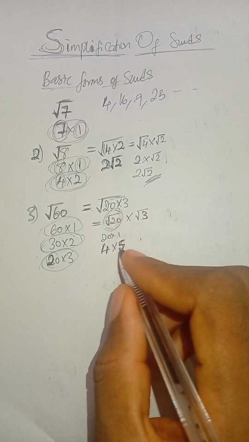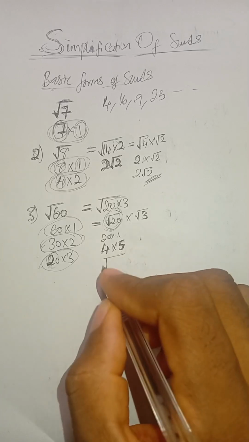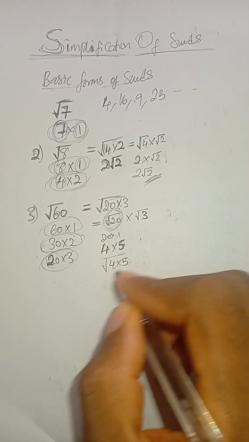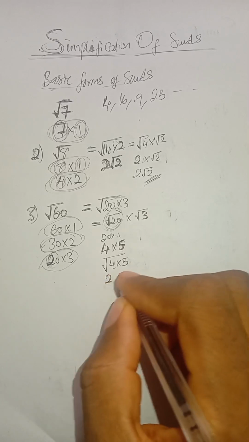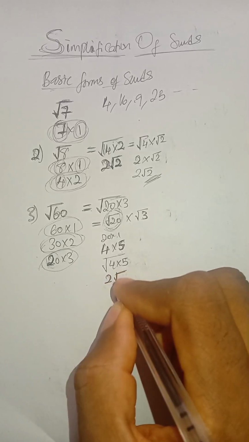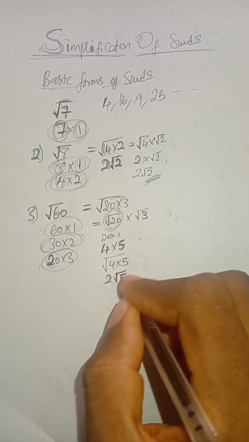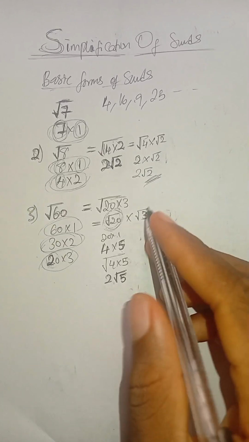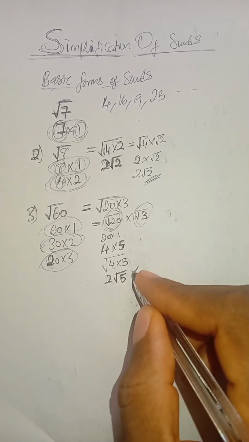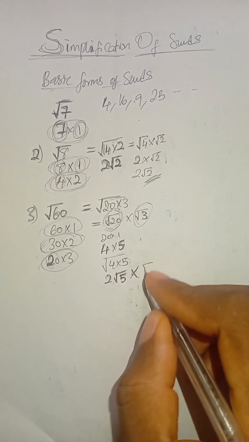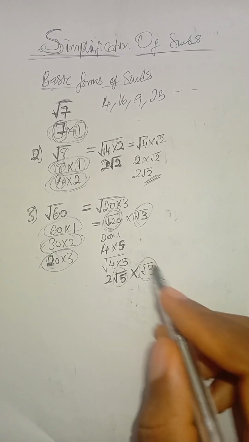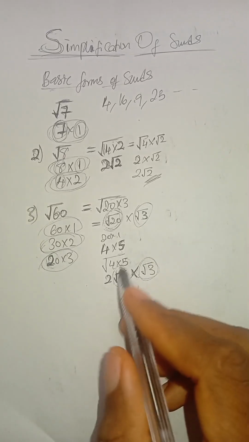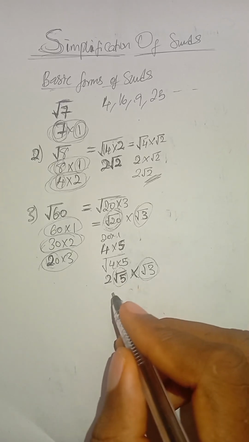So 4 is a perfect square. So this will be root 4 times 5. Root 4, the square root of 4, that's 2. 5 is not a perfect square, so it remains root 5 multiplied by root 3. Two separate roots, when they multiply, you have a single root.